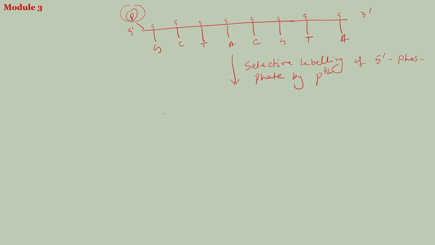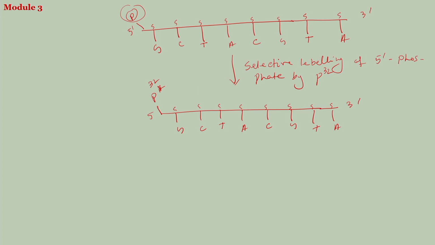So, what you get your actual target, P32 5 prime G A C G T A. So, now you can track wherever it breaks.